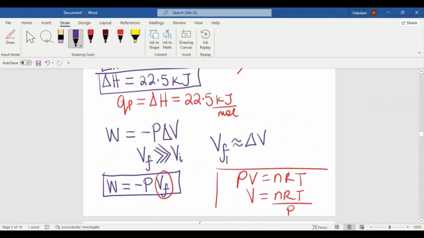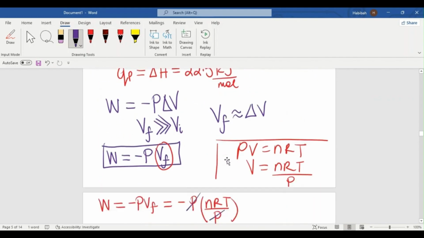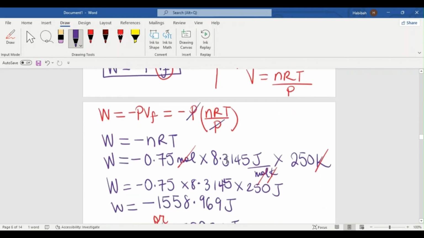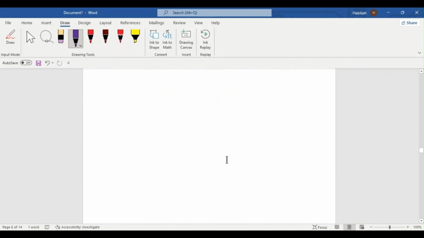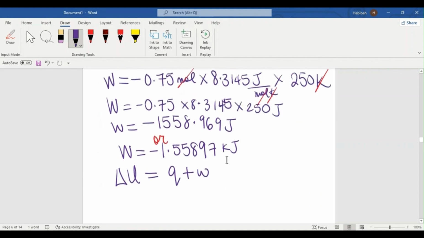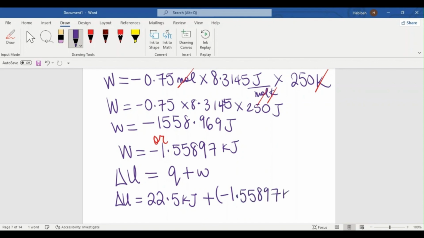We already know the value of our Q, which is simply 22.5 kilojoule per mole, as well as the value of our work. So we're just going to substitute. So you have change in internal energy equals 0.5 kilojoule, plus minus negative 1.55897 kilojoule.